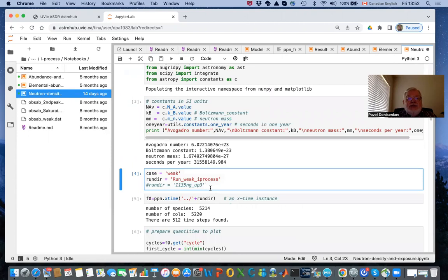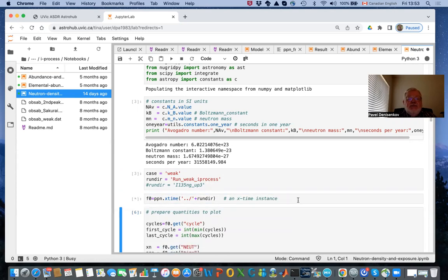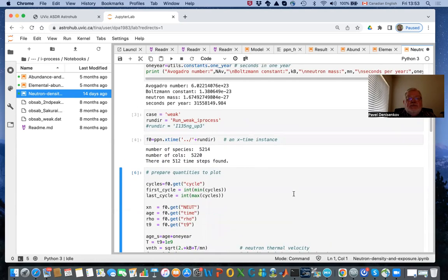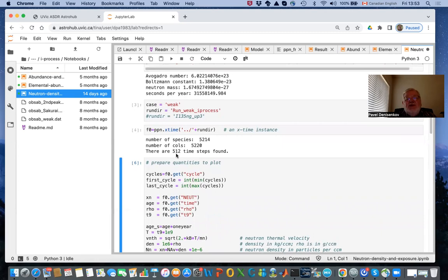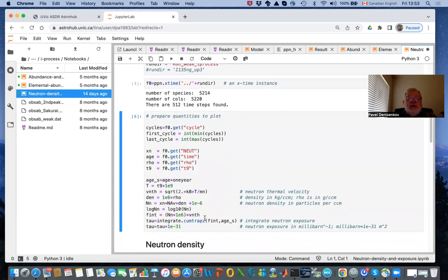The fourth cell, as you can see, again case weak and run directory run_weak_i_process. This is where our previously computed data are. So I click this one. Now I read the data. As you can see, again we have 512 time steps. Now prepare quantities to plot, shift enter.